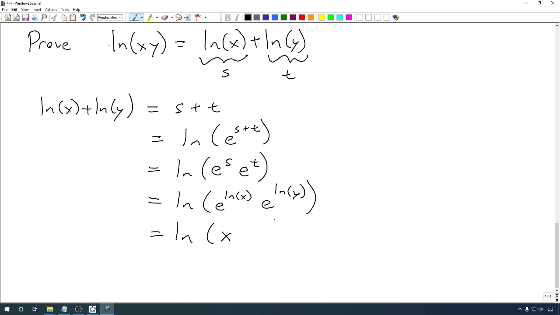E to the ln of y is just y. So ln of x plus ln of y is the same thing as ln of x times y. And all of this came from the fact that I have that law of exponents, and I have my way of switching between natural logarithms and the exponential function.